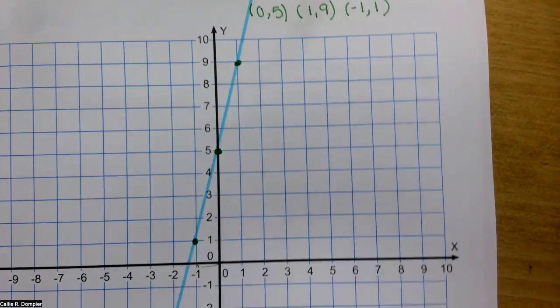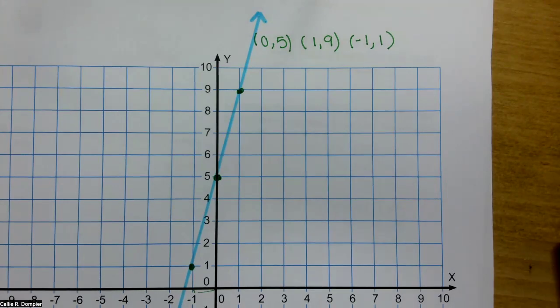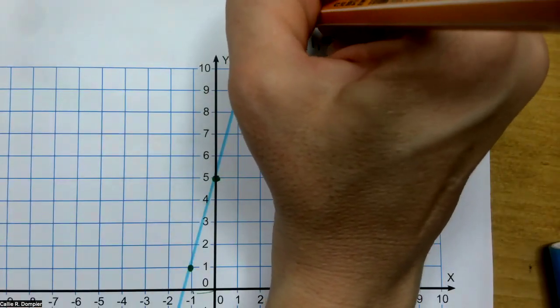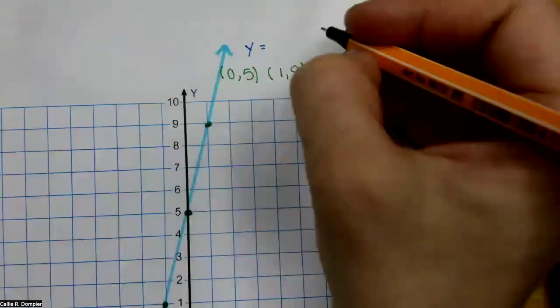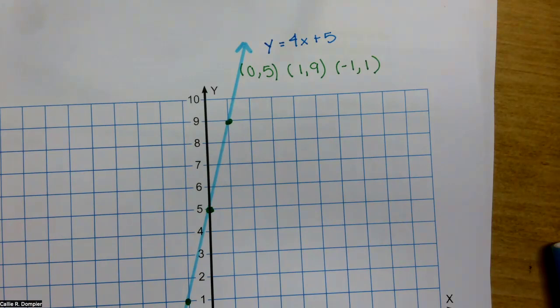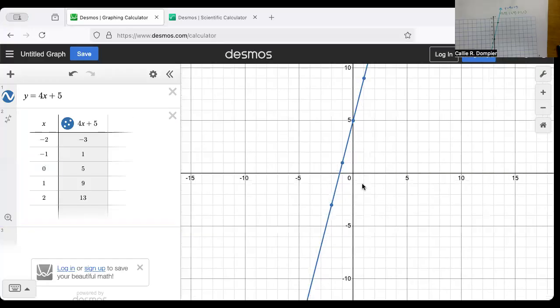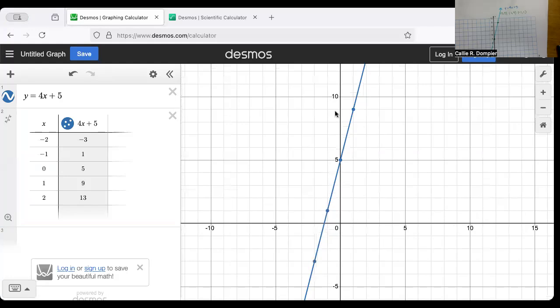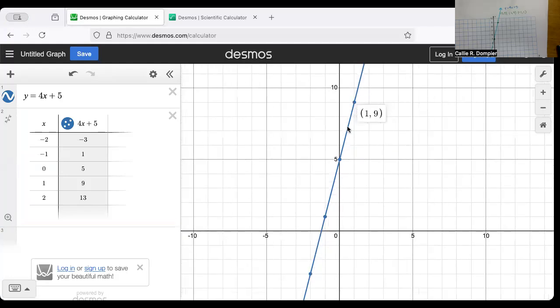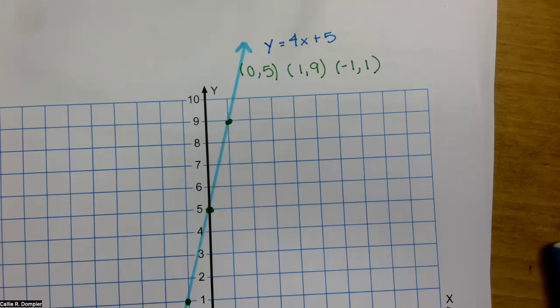So that is the line that represents the equation y equals 4x plus 5. If we go into Desmos, 4x plus 5, that looks just like the line that we drew, right? Here's the (1, 9). Here's the (0, 5). And here's the (-1, 1). Okay? And they're over here on the table as well.